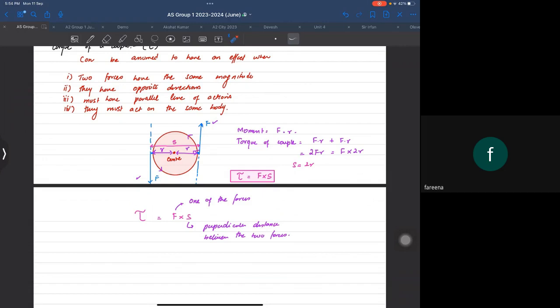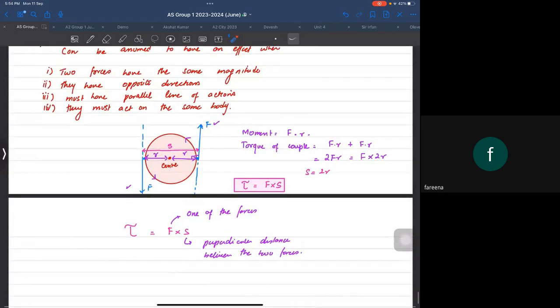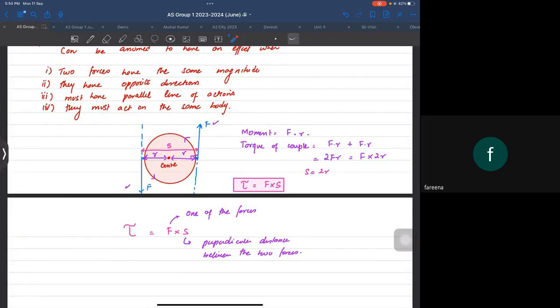Right. Now, do not forget about the conditions that I've written, because these conditions basically dictate how you can create a torque of a couple. And it's very easy, right? You guys are doing this for so long. If you drive a car, those who drive a car, the steering wheel looks something like this, right?